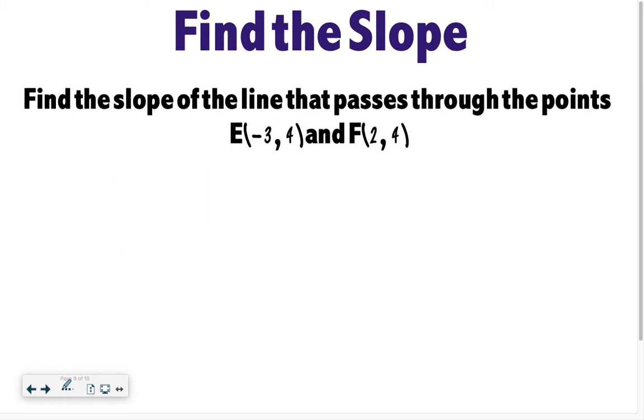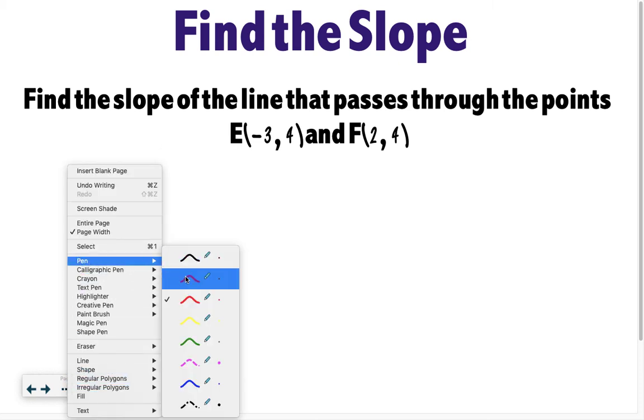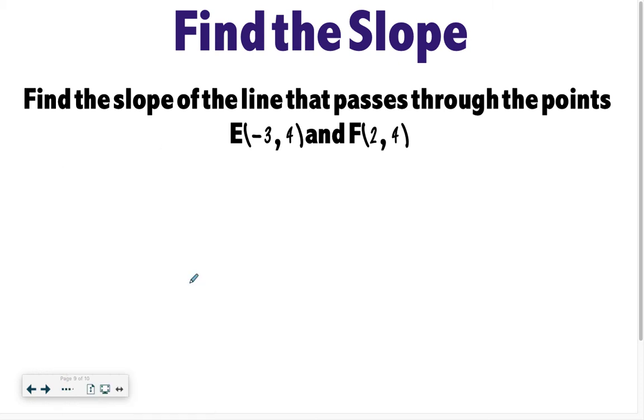Now, let's talk about 2 more things before I have you guys start doing your homework. So let's find the slope of this problem. So again, I'm going to subtract my y's on top and my x's on bottom. I'm going to label those.